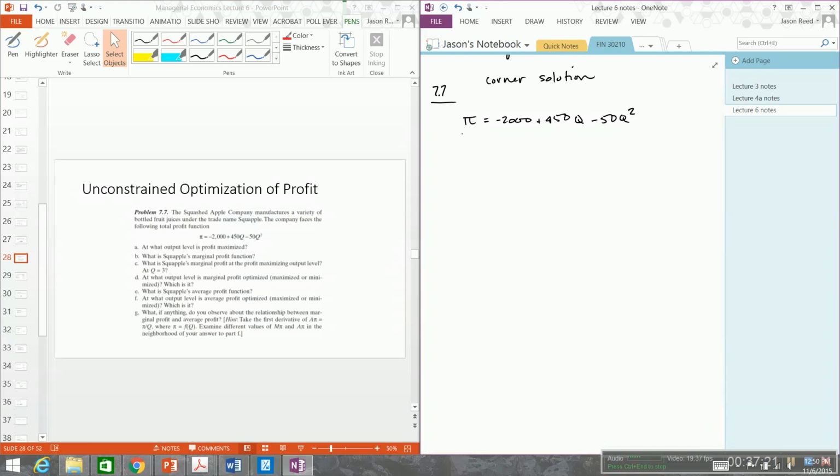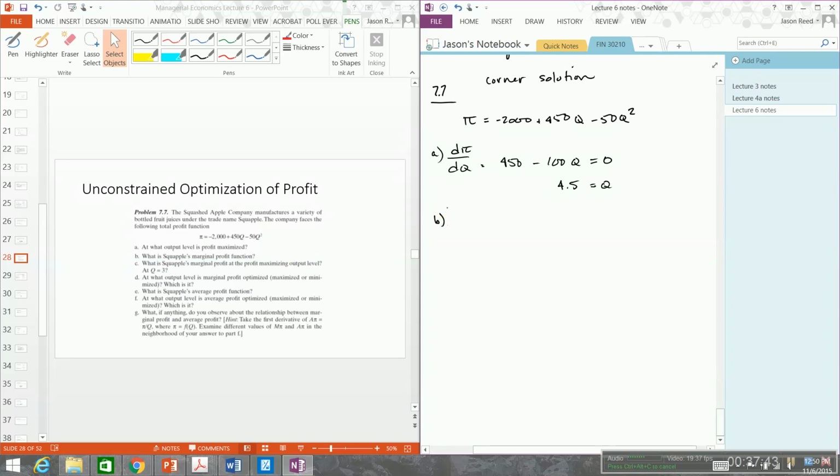What I would say is we need to first take our derivative with respect to Q. So we get 450 minus 100Q is equal to 0, so that we get 4.5 is equal to Q for part A. And so we know that that has to be true through our mathematical result.